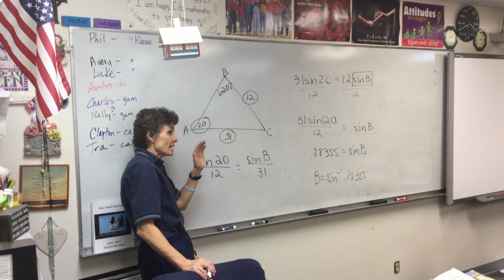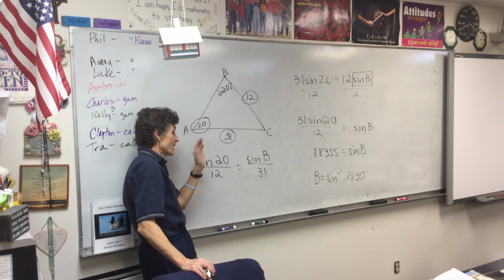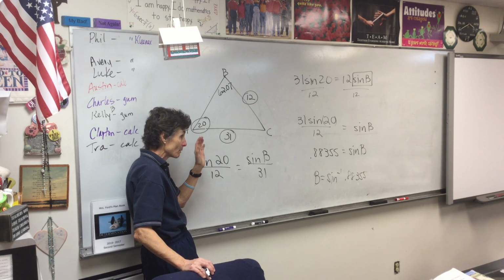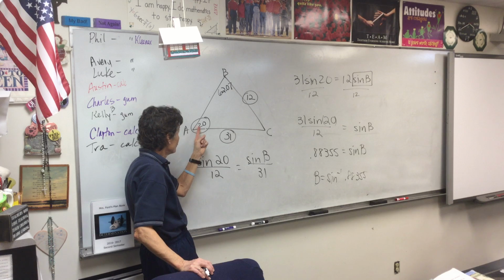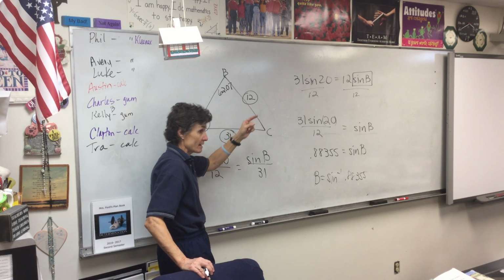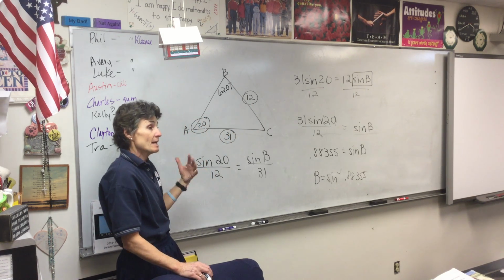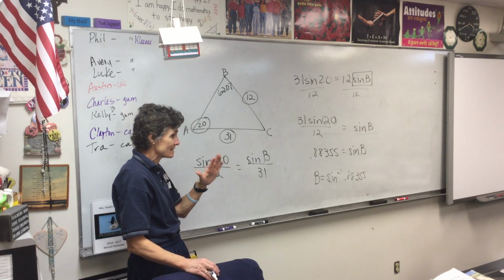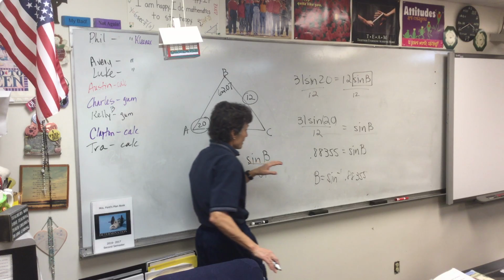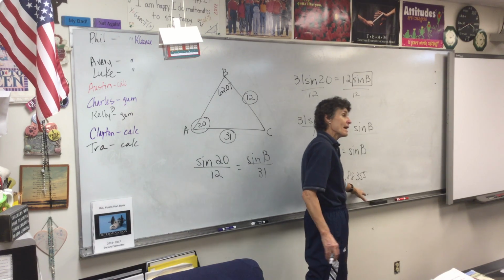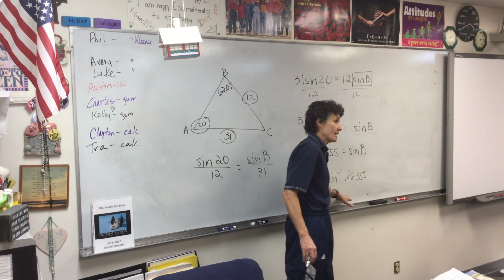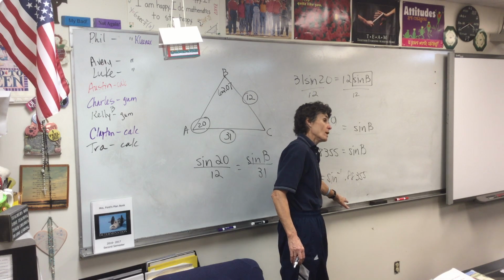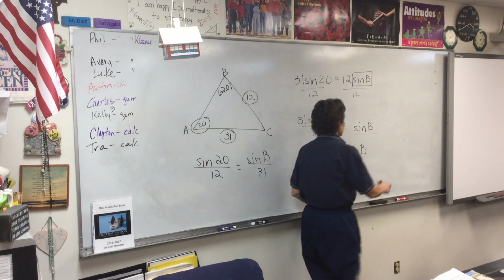Remember when you did ASA and SAS and SSS? You could never do angle, side, side, because it has what we call ambiguity. What I mean is this. There are actually two angles that have this sine.